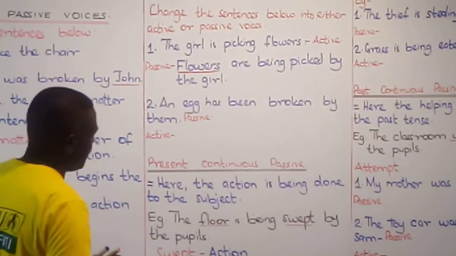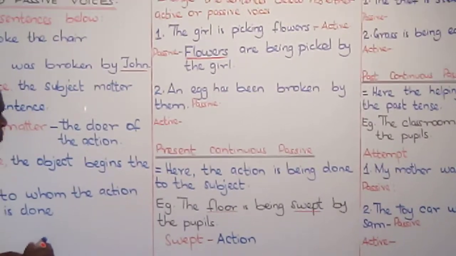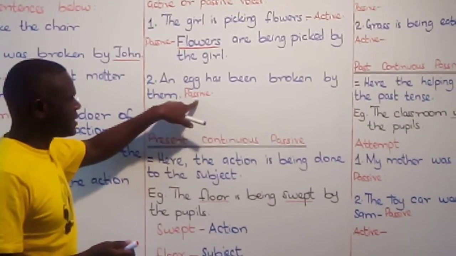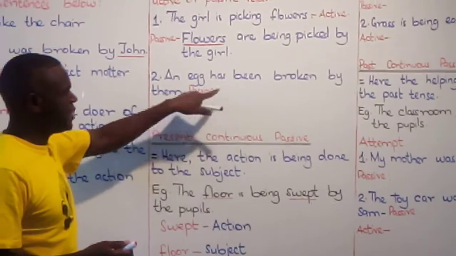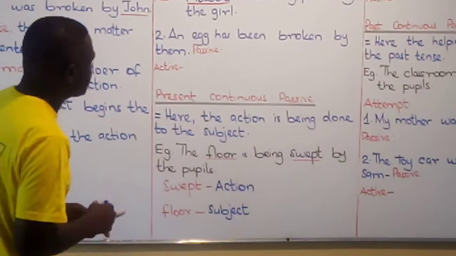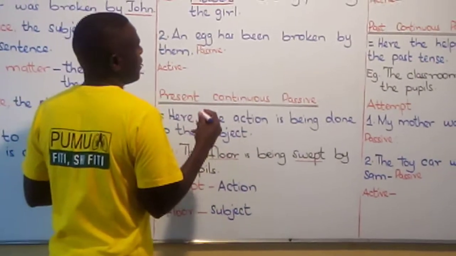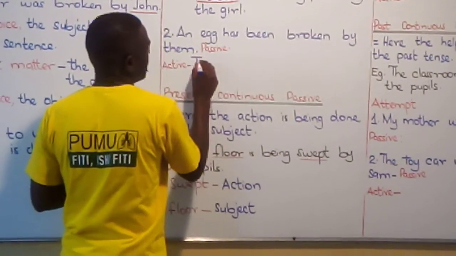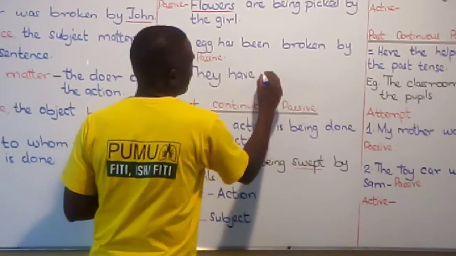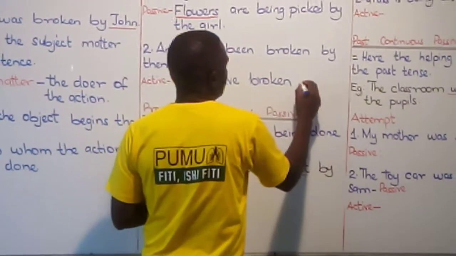Let's look at sentence number 2. An egg has been broken by them. An egg has been broken by them. The sentence is in passive voice. Has been, past participle. Now let's change it to active voice. They have broken an egg.